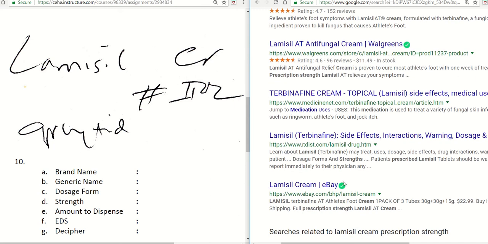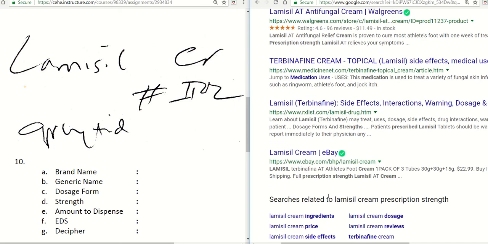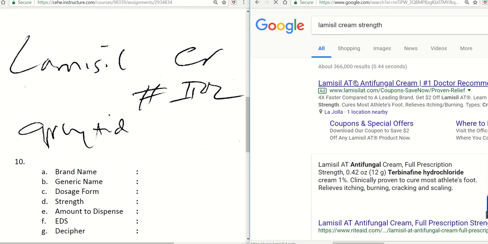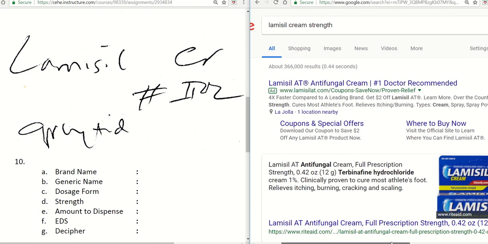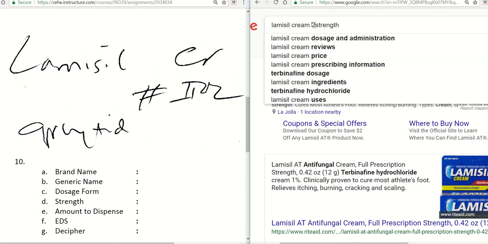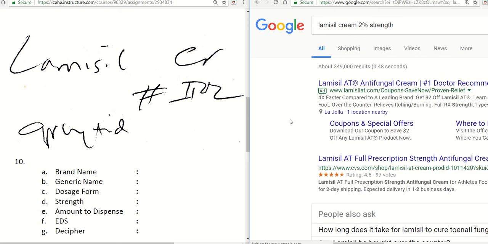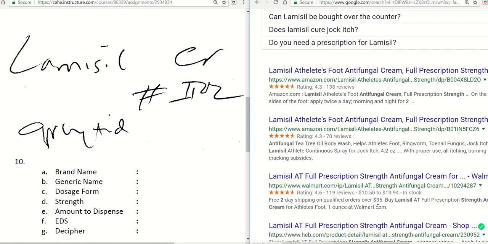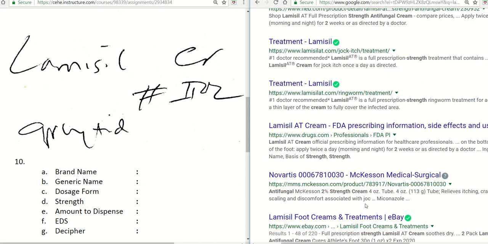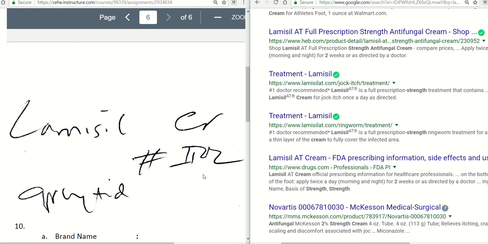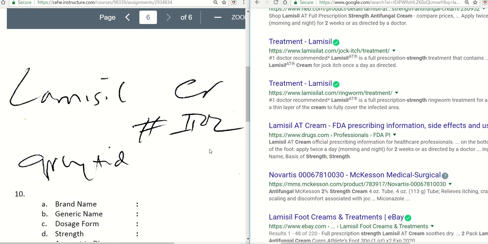So generic terbinafine. 1% is over the counter, and I think 2% is prescription only. Yep, 2% would be prescription only.